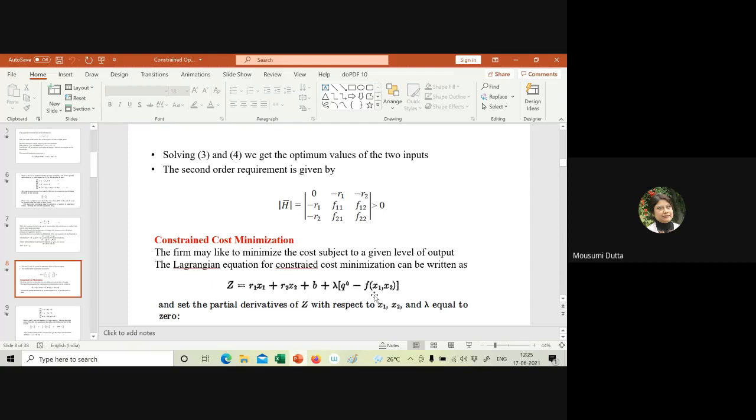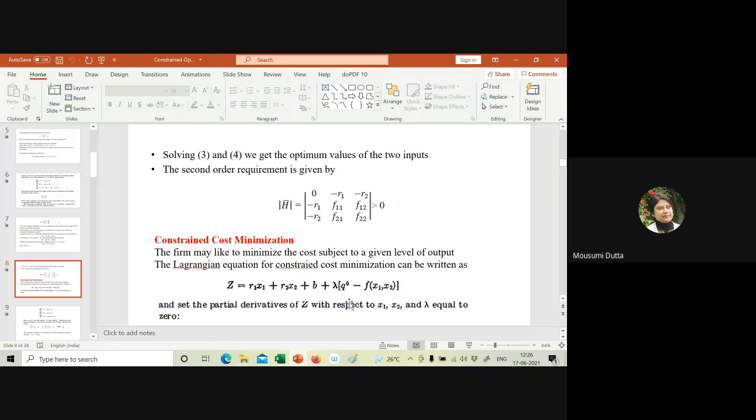So here your constraint is the output, a fixed level of output you have to produce, or a fixed isoquant you need to consider, and then you are adjusting the cost to achieve that particular isoquant. So the output level is fixed here, and we are trying to adjust the cost component or the utilization of the inputs, etc., so that we can achieve that output level.